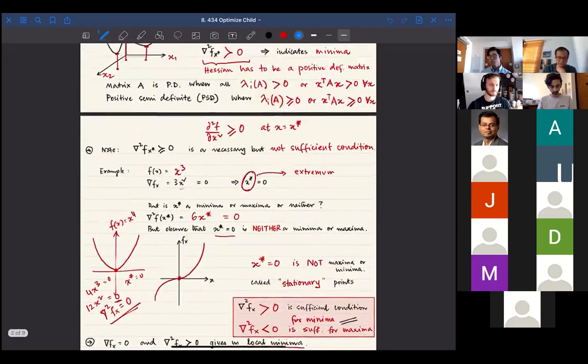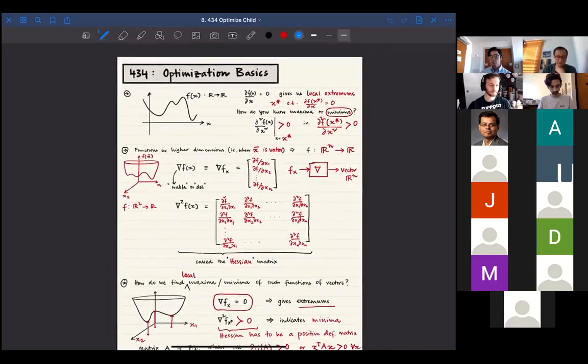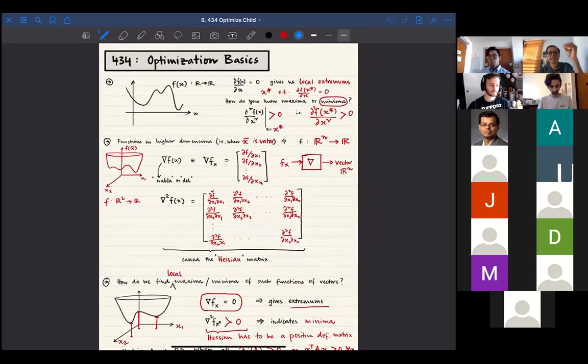So to quickly recap, optimization is all about finding extremum points. Extremums mean maximum or minimum. We've learned in high school that if you differentiate a function and you equate it to 0, that gives you the extremums. Actually, that's not necessarily true.